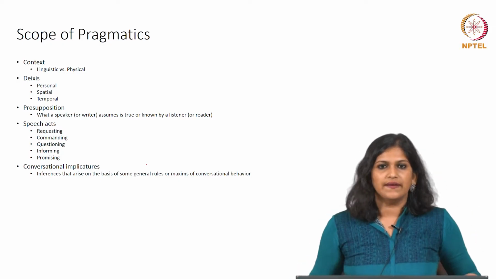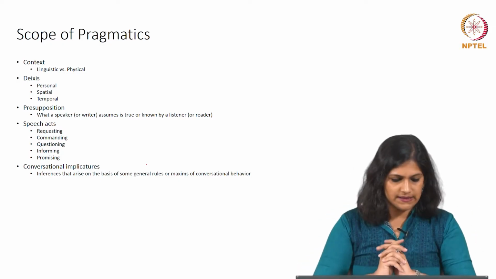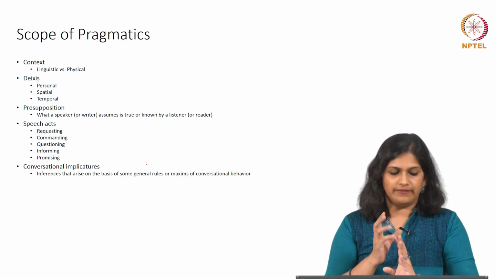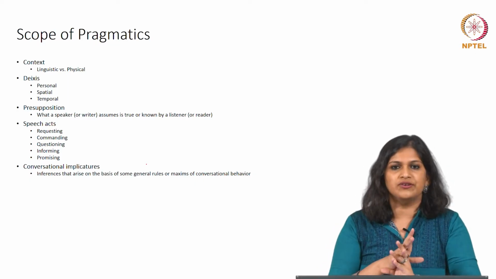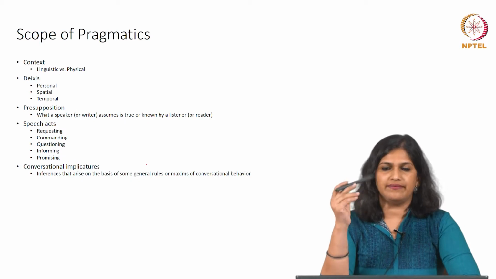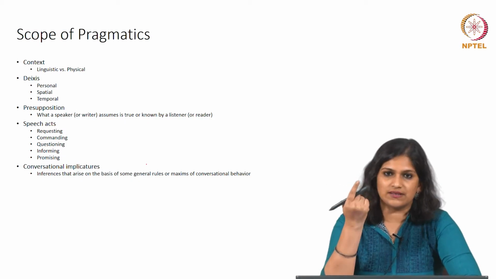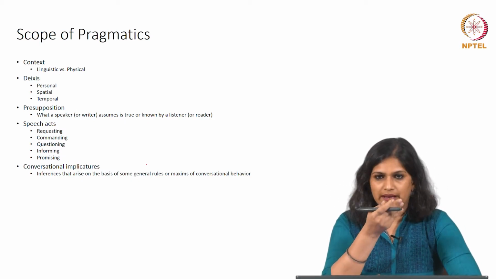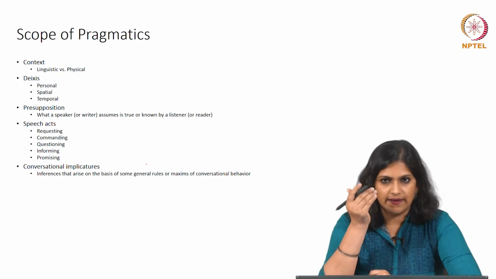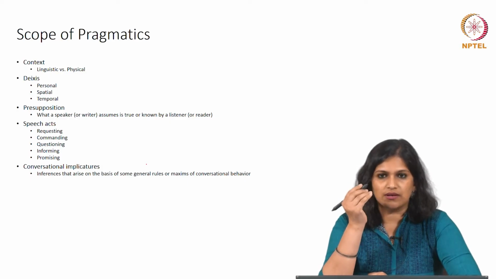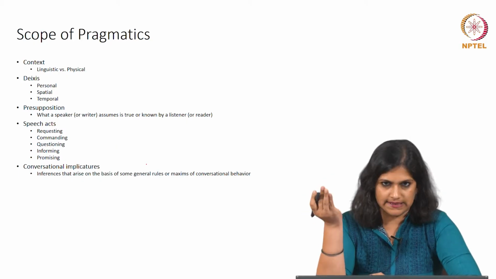Now, let us take this discussion forward: what are the major scopes of pragmatics we need to study? Pragmatics has some 5 major scopes, and I have already discussed one of them in the beginning, which is context, where the context includes both the linguistic context and the co-text, right?